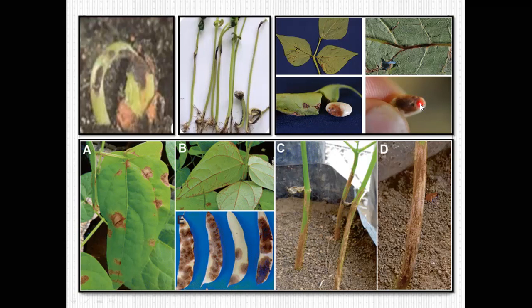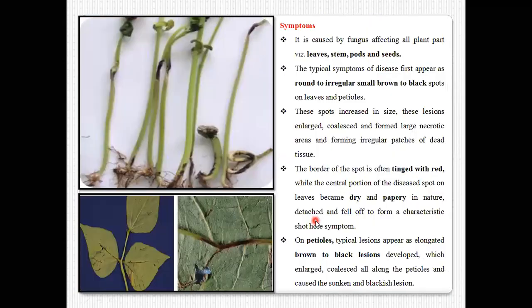This retards both the quality and the quantity of seeds produced in pods from these infected plants. So these are the symptoms of anthracnose caused by Colletotrichum lindemuthianum, which infects bean and produces such symptoms.